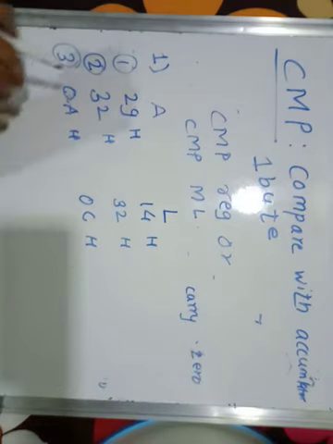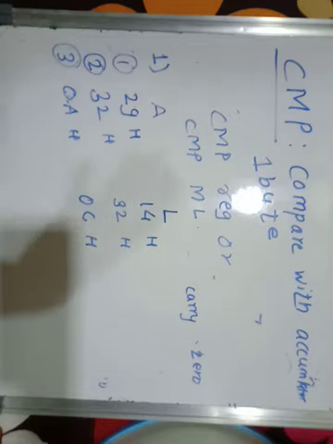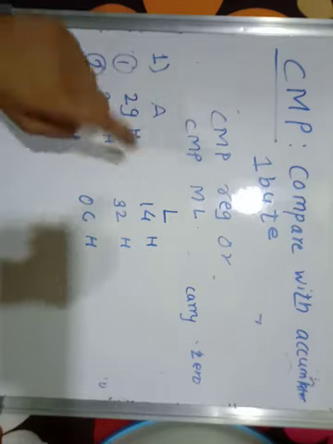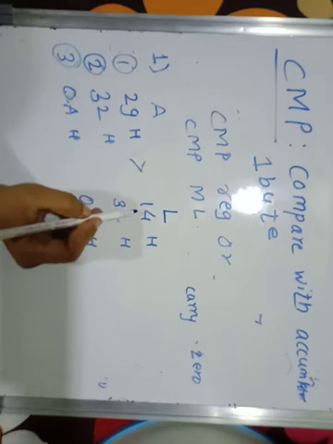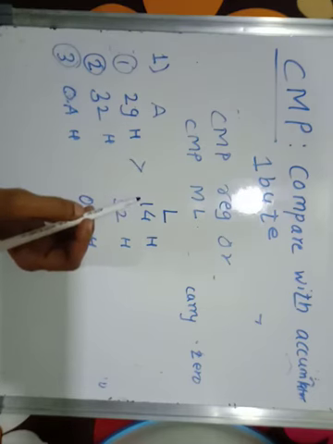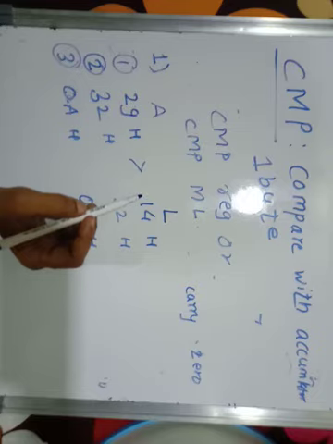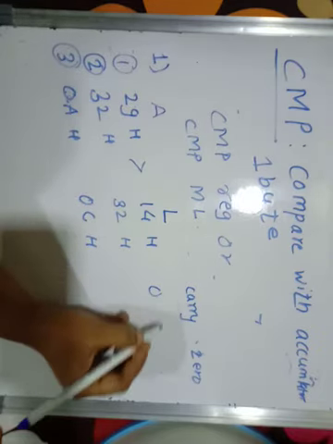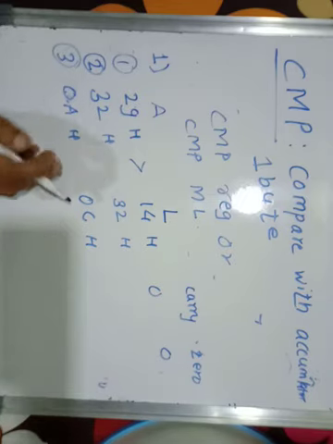So according to the three conditions that we have seen, here the content of accumulator is greater than the content of register L. If it is greater than, then both flags are reset, so here it will come 0, 0.